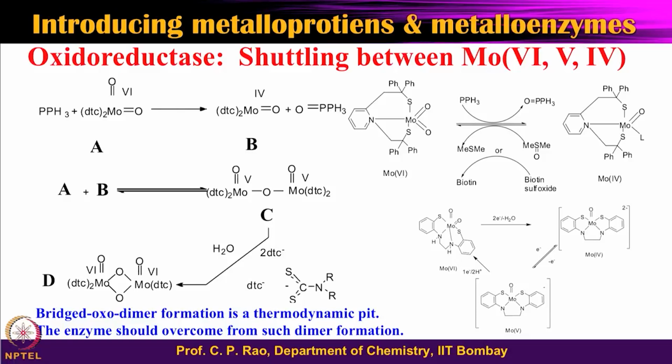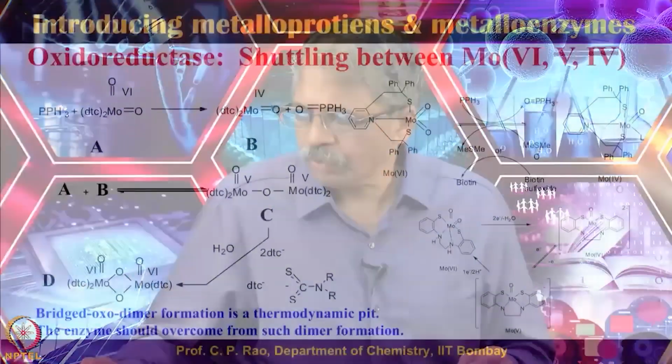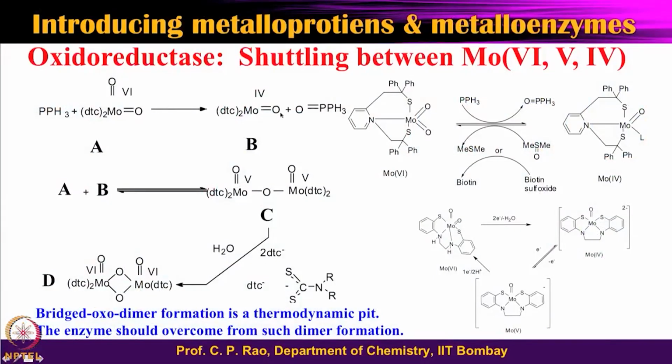In triphenyl phosphine you have a pair of electrons which will accept the oxygen, and the electrons will go to the molybdenum.